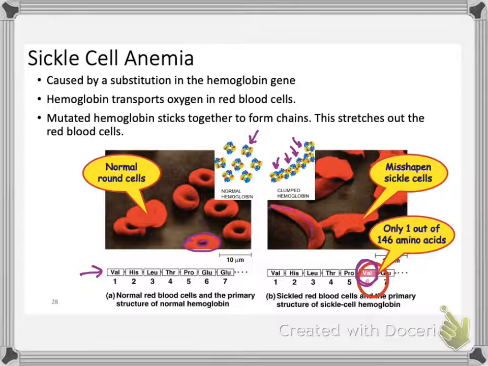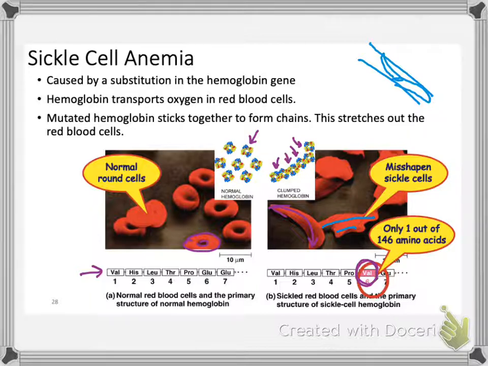These chains stretch out the red blood cells, so they're long and skinny. And when you have a blood vessel, those long, skinny red blood cells can get stuck, and that can lead to heart attacks and strokes and things like that.